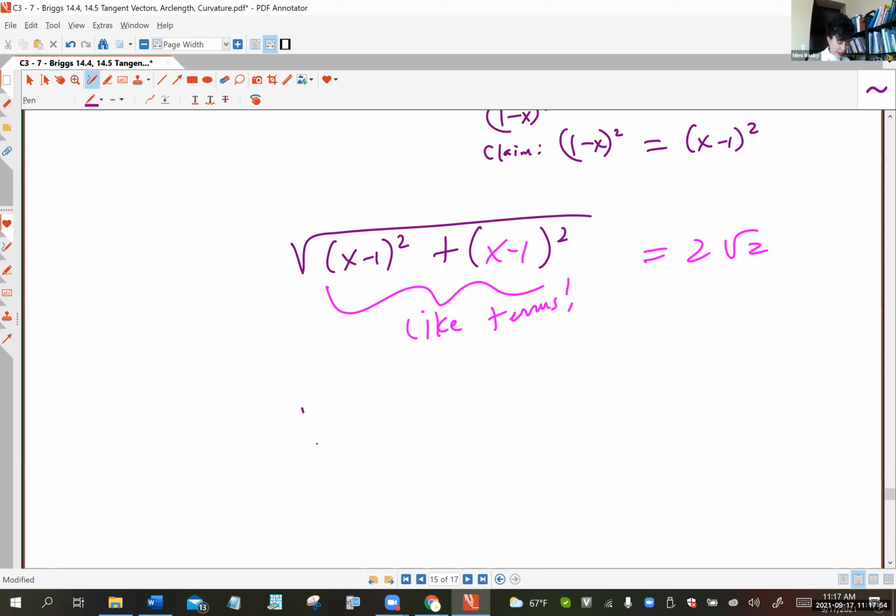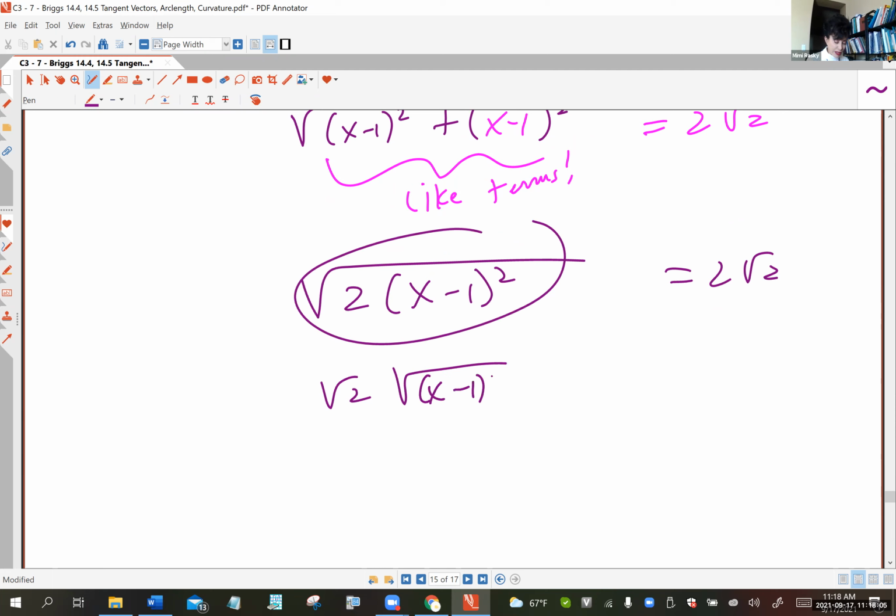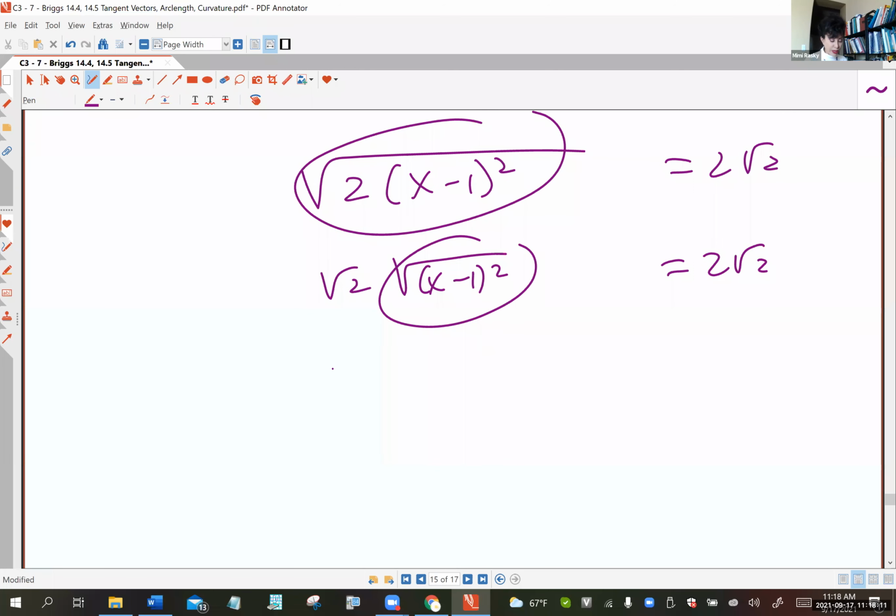Well, I got 2 of these (x minus 1) squareds happening. Okay, fine. And then when I simplify the radical, I can take the product of those factors. And I'm going to get the absolute value of x minus 1, but let's just say it's x minus 1. X has to be positive.